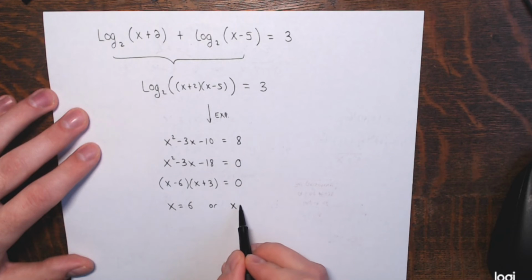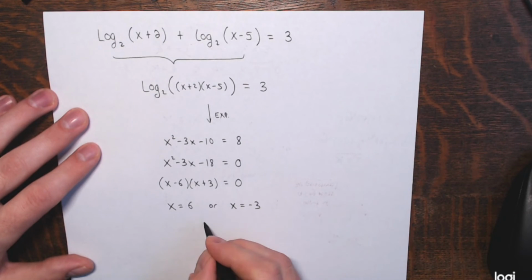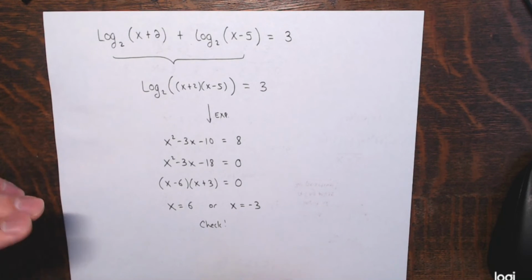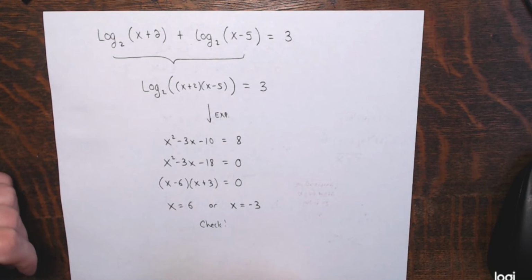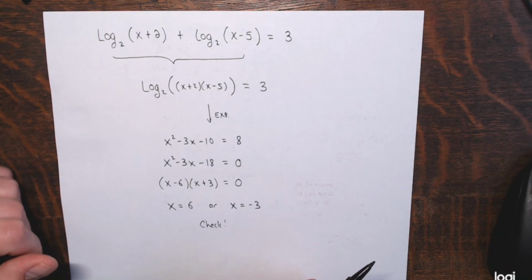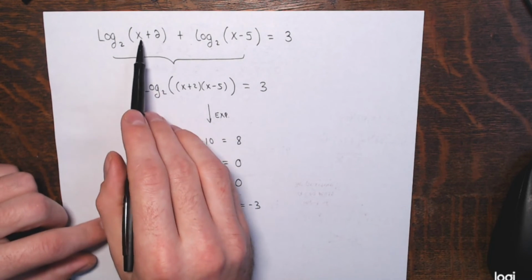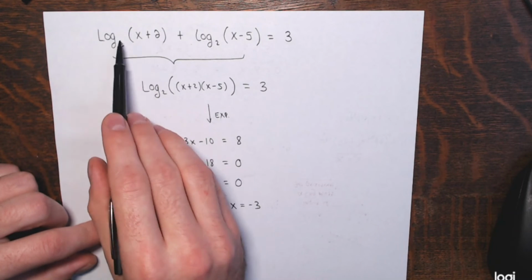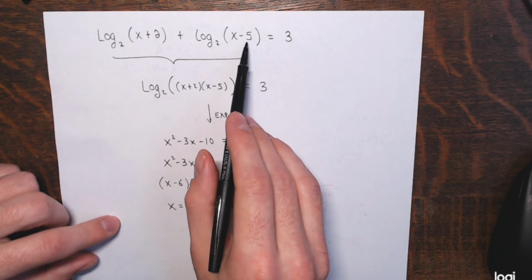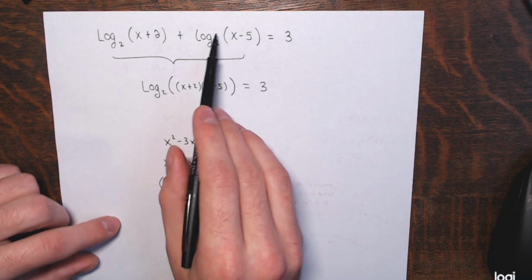But now let's check them again back in the original. You're just trying to make sure that when you plug these numbers in and simplify the number inside a logarithm, that the number inside the logarithm is still positive. When x equals 6, 6 plus 2 is positive 8, so that's okay. 6 minus 5 is positive 1, which is okay to have inside a logarithm.